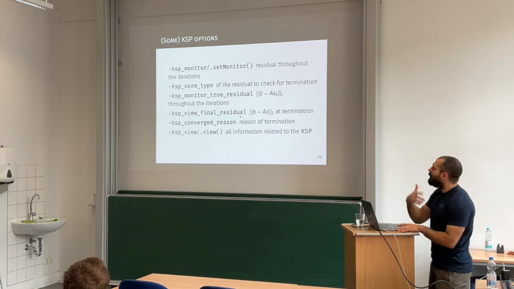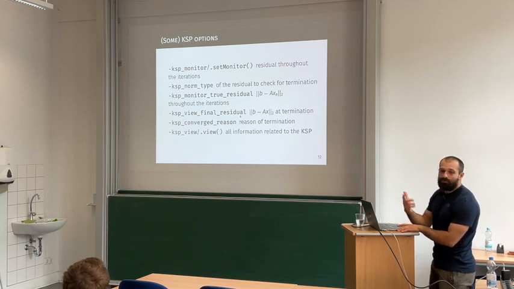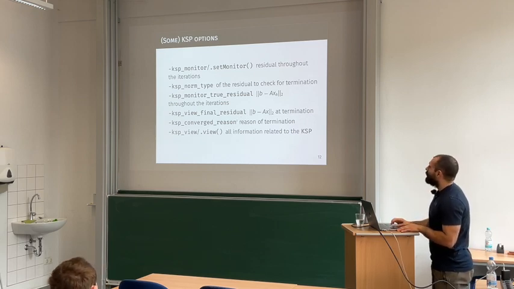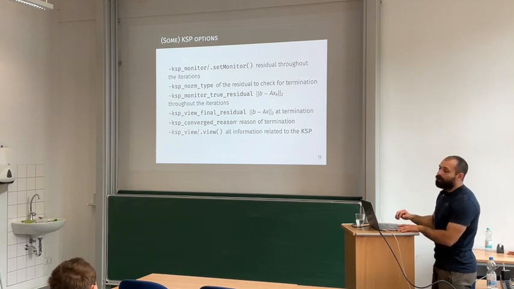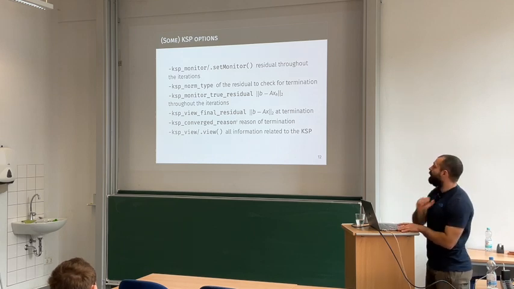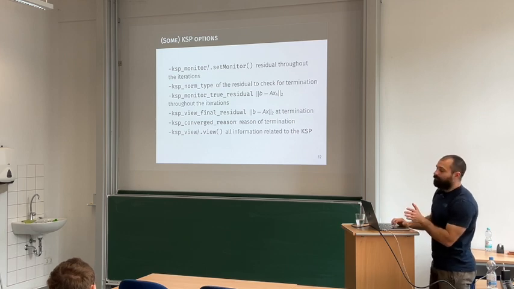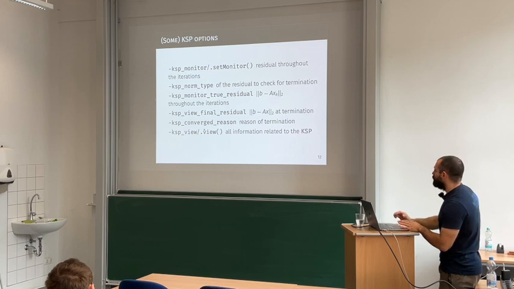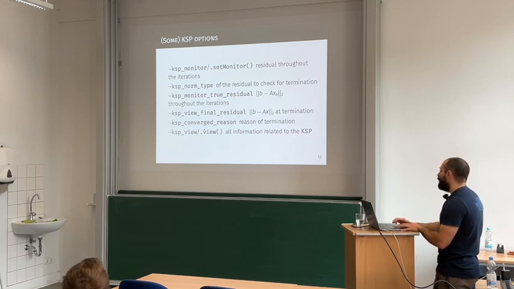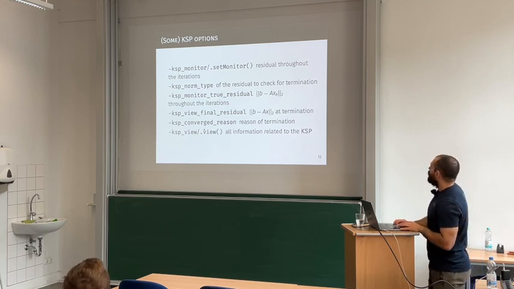At the end of your linear solve, you can have PETSc compute the residual, you can have PETSc print why your KSP is converging, and you can also print your KSP with, again, KSP view, and I forgot, but you can also add the view from options as for the Mat, the IS, and the Vec.